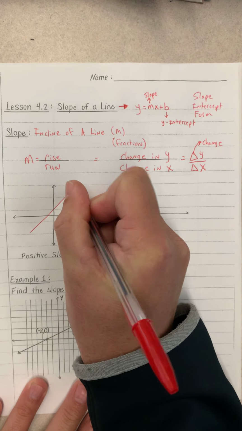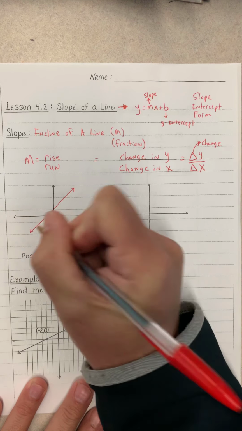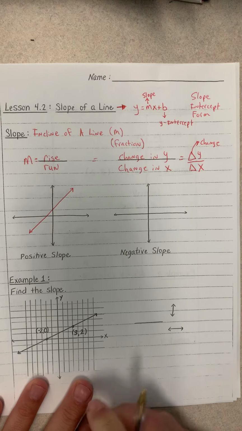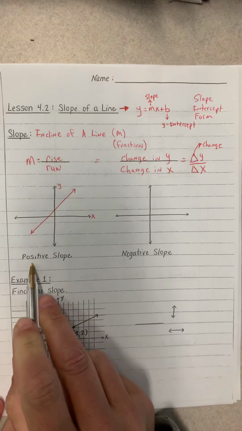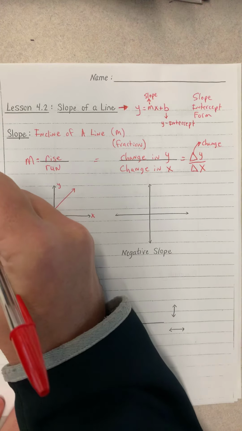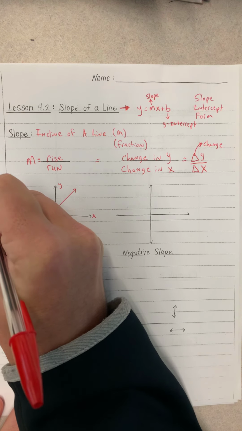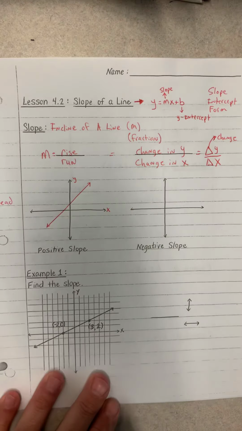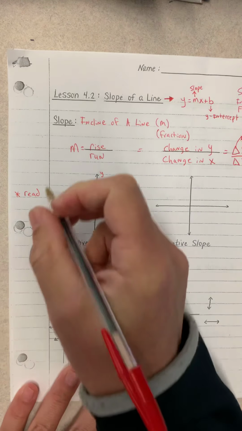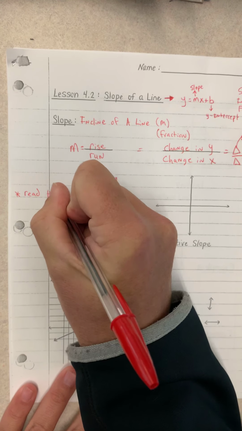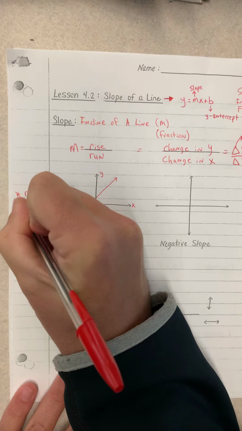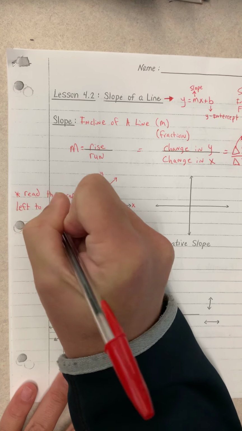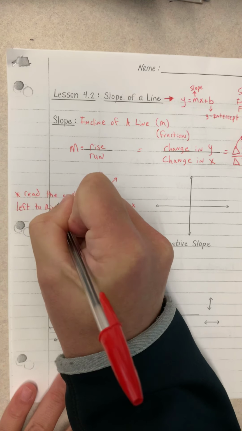you could have a line that looks like that. I'll label my X and my Y axis. I'm going to make a note here. Read the graph left to right, just like we read a book.